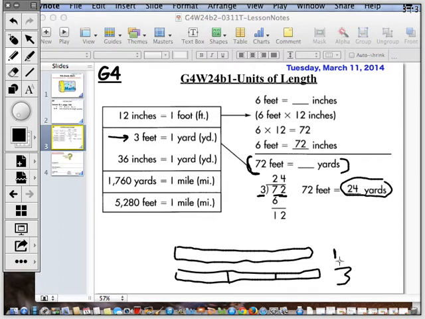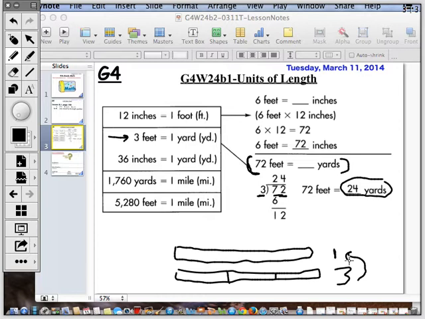Which number is bigger, just the numbers, 1 or the 3? Leif? 3. So since we're converting feet into yards, the unit of measurement is bigger, the number is going to be less, so we divide.